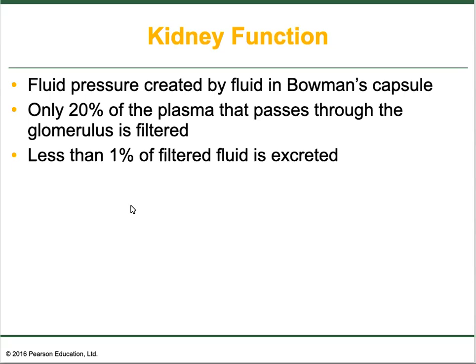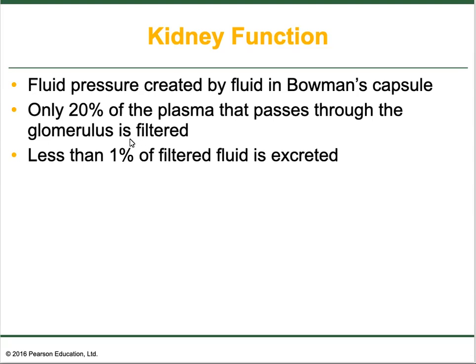The fluid within the glomerulus generates hydrostatic pressure that promotes the process of filtration within the Bowman's capsule. Only 20%, or one-fifth, of plasma that enters into the glomerulus ends up being filtered.